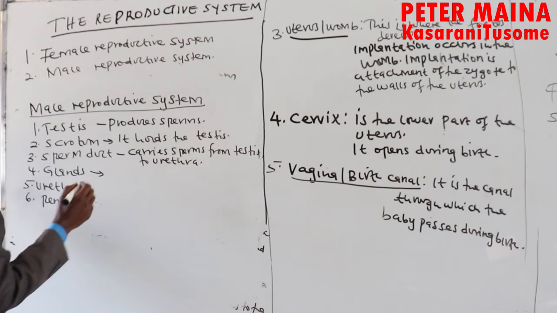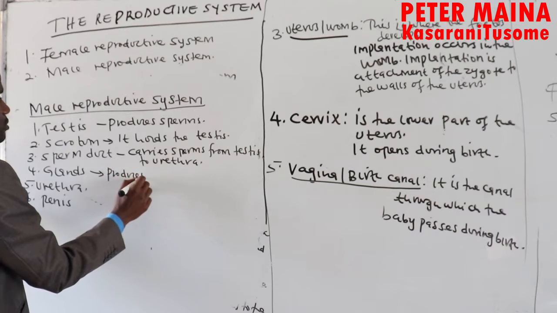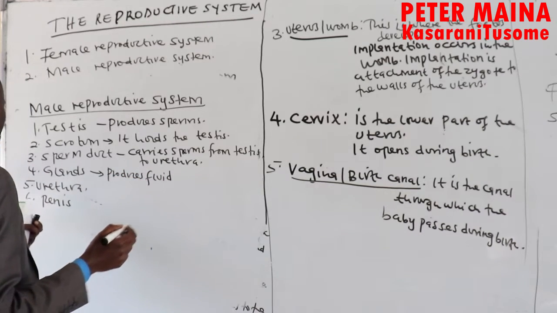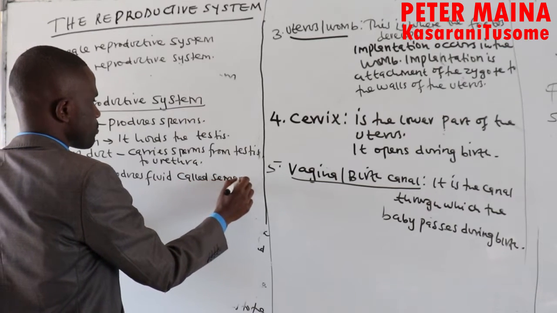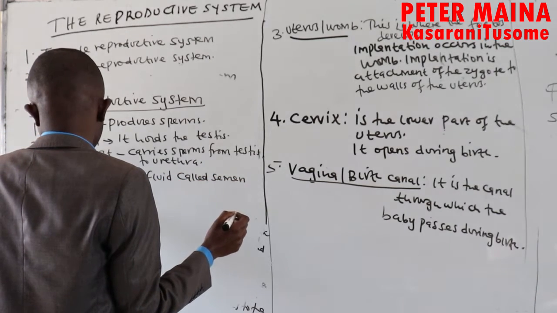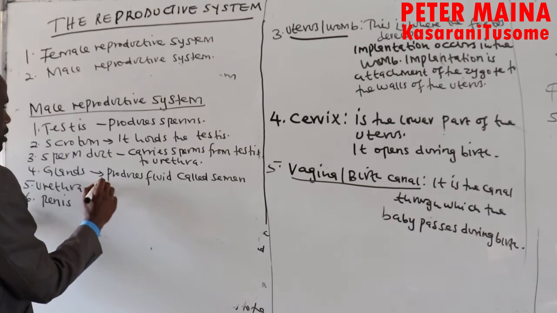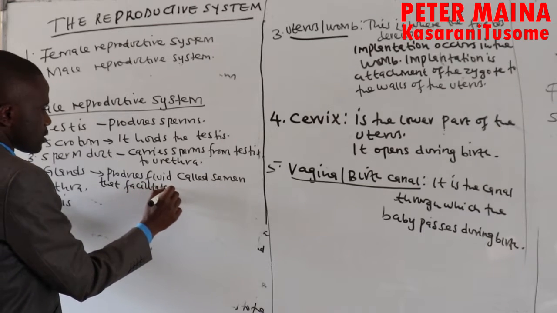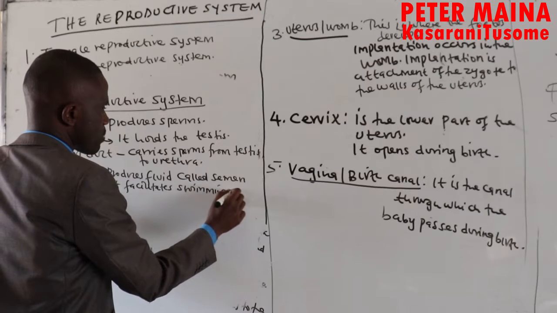Then we have the glands, which produce a fluid called semen that facilitates swimming of sperms.